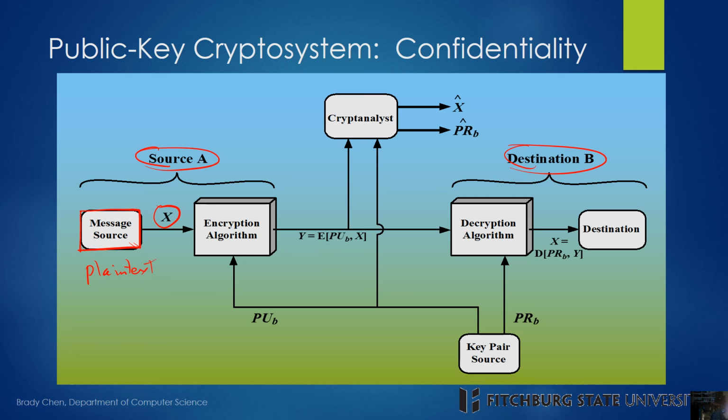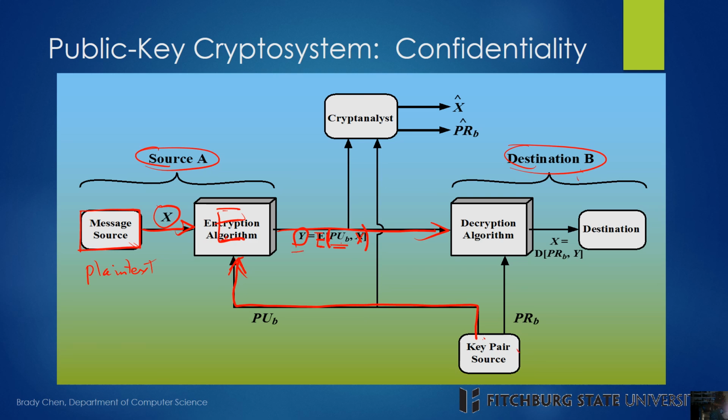Then we use an encryption algorithm, which we call E. To encrypt the message, we use the public key of the receiver, the destination B. So we use the public key of the destination B and the plain text. If we think about the encryption algorithm as a math function E, we use the plain text and the public key of the destination B.